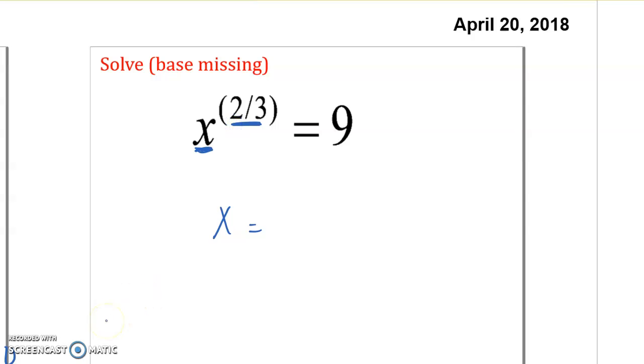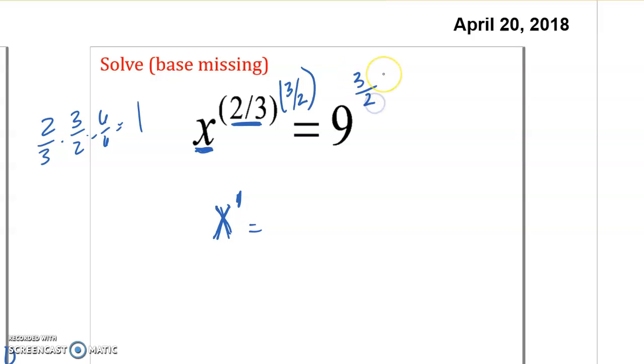Well, in math, in order for this to become x to the 1, I need to multiply this by its reciprocal, because 2/3 times 3 over 2 is going to give me 6 over 6, which is 1. So if I do that, that will turn this to a 1. Well, if I raise this, I need to raise this side.